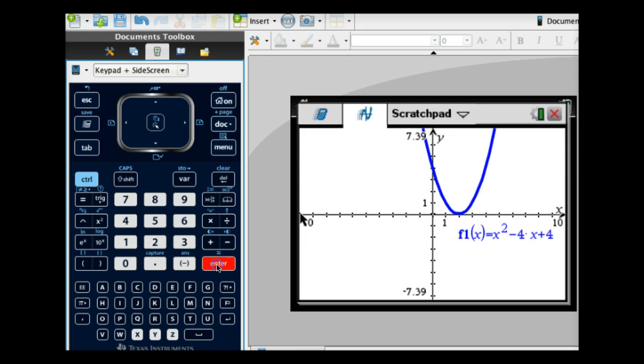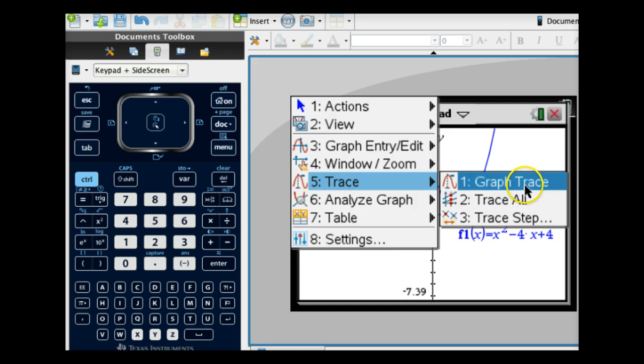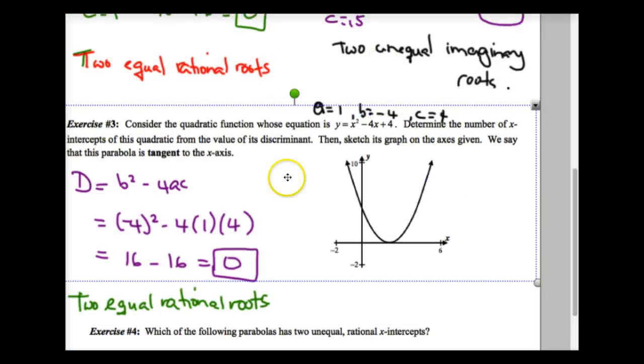Perfect. You hit enter. You will see that if I go to menu, trace, graph trace, and I go up and down, minimum at 2, 0. So all this is telling you is that when the discriminant is equal to 0, the graph will touch the x-axis one time. So this is what you're sketching, a beautiful graph here.